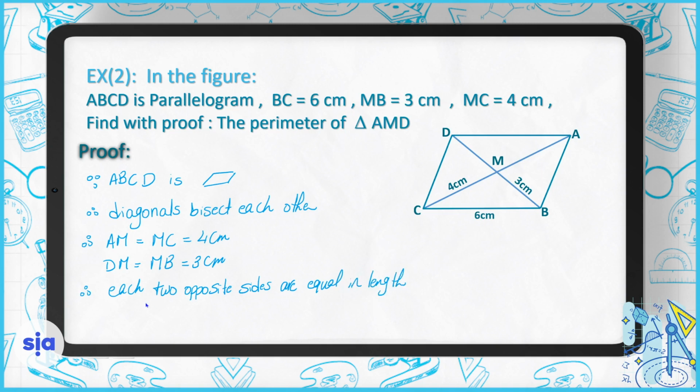Therefore, AD is equal to BC, which is equal to 6 centimeters. So here, if we got the three sides now of the triangle, then the perimeter of triangle AMD is 3 plus 4 plus 6, which is 13 centimeters long.